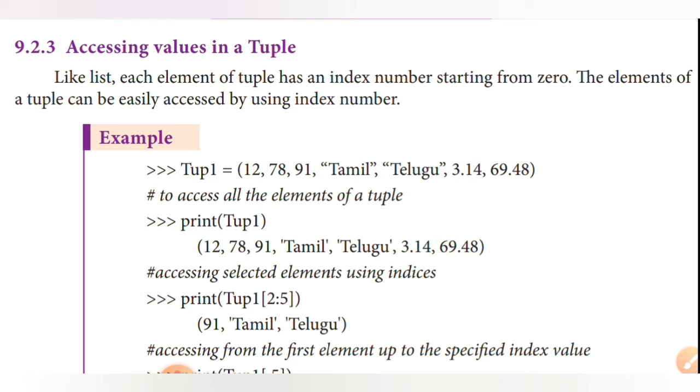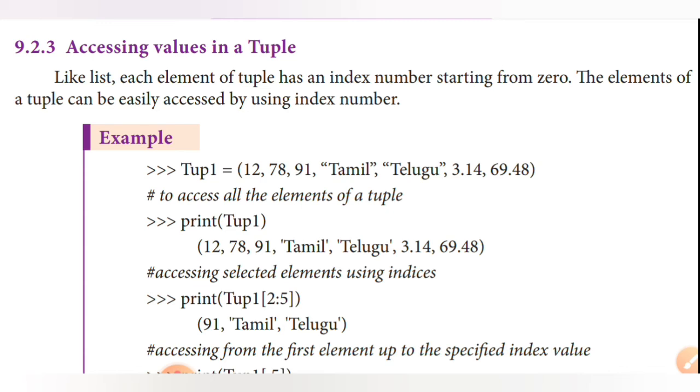Now you can see the example: tup1 is equal to, within normal parenthesis, you have to specify the elements. The elements are 12, 78, 91, Tamil, Telugu, 3.14, 69.48. Commas are used to separate the elements.